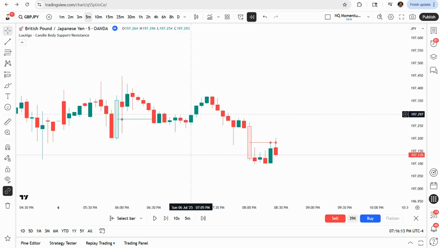And so you see here that the high of the first candle is right here, and the low of the third candle is right here. And the area between the two, right here to right here, would be considered a fair value gap.